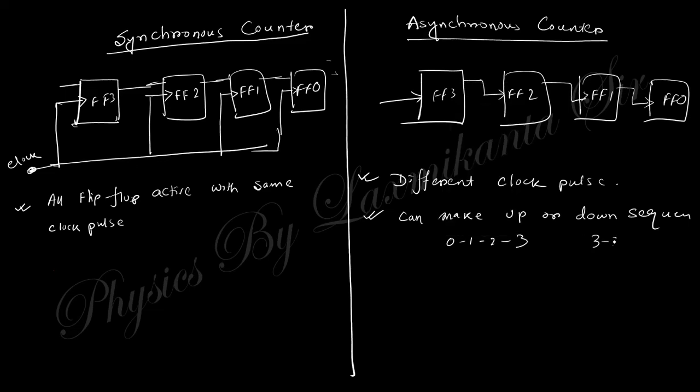Down means 3, 2, 1, 0, like that. But in a synchronous counter you can make any sequence: up, down, random, etc.